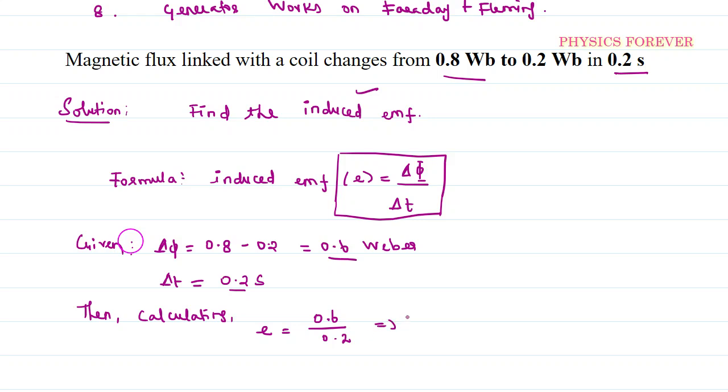Then the answer should be 3 volt, that is the exact answer. If you get 0.3, then multiply by 10 to get 3 volt. This type of problem is asked repeatedly in previous exams.